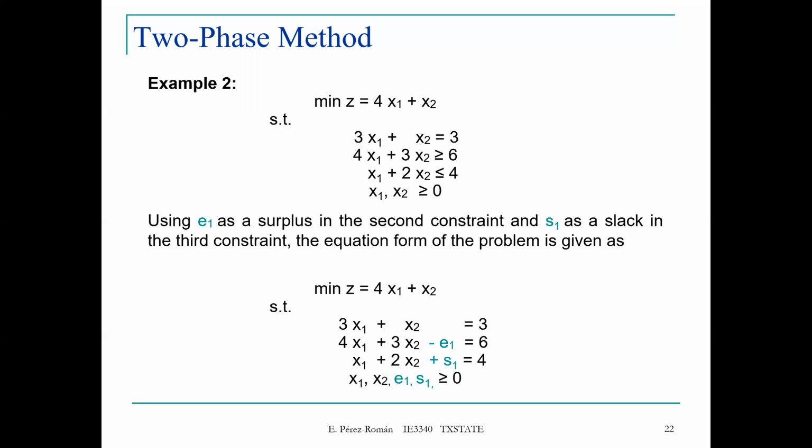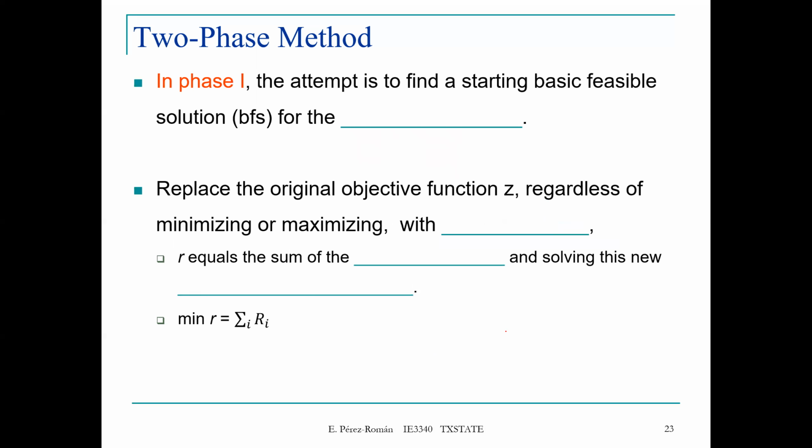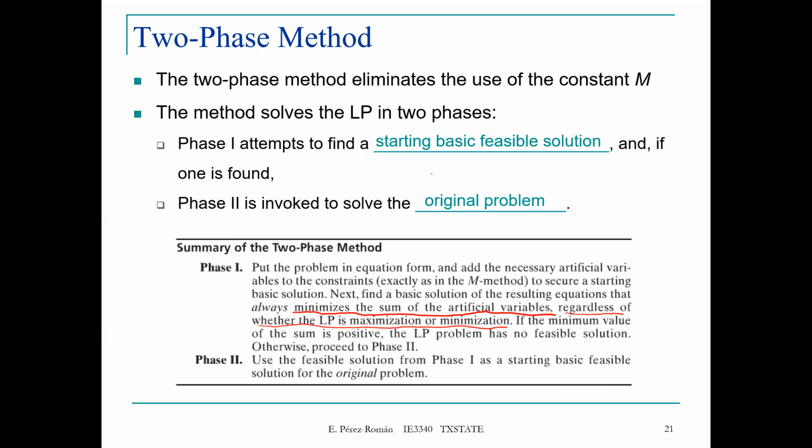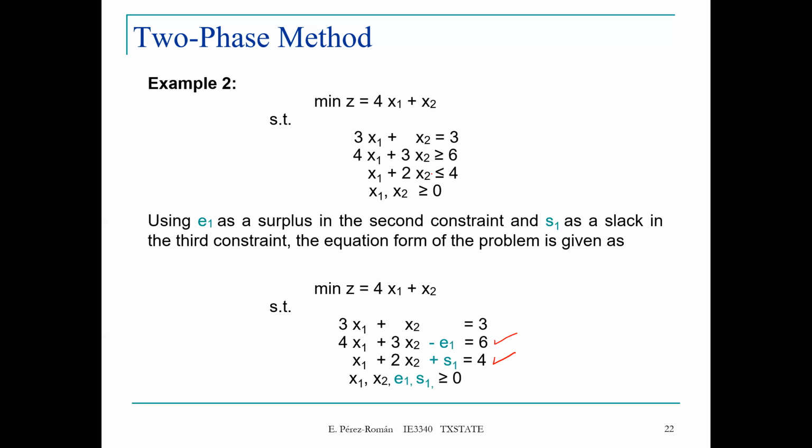Now we have an excess or surplus variable, which is subtracted from 4x1 plus 3x2, and we have the slack variable for the third constraint, which was an inequality. For greater or equal to, we subtract an excess variable; for less than or equal, we add the slack. So we have the problem in standard form.